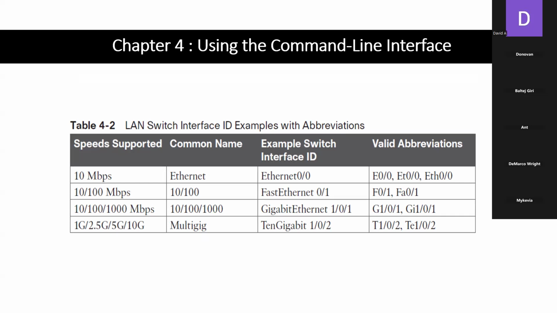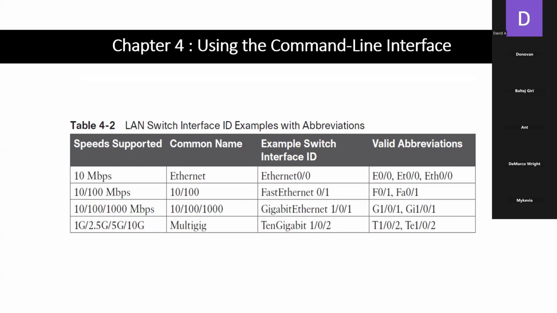So you have interface configuration mode, and with interface configuration mode, it's much easier to abbreviate some of the interfaces versus typing the whole thing out. So this table, LAN switch interface ID examples with abbreviations, goes over a few things. And what I love about this table is it talks about some things for the future.